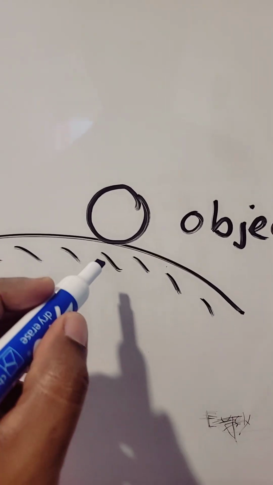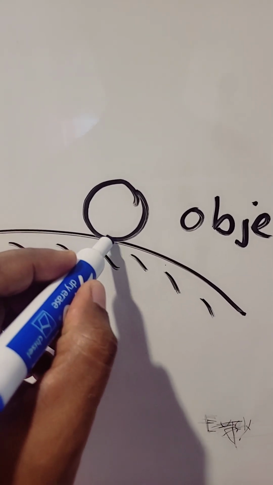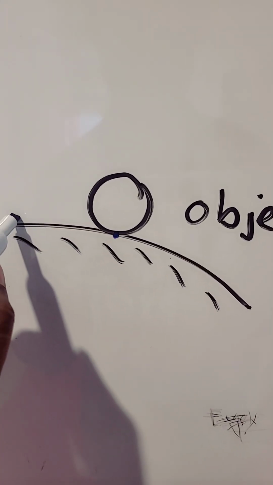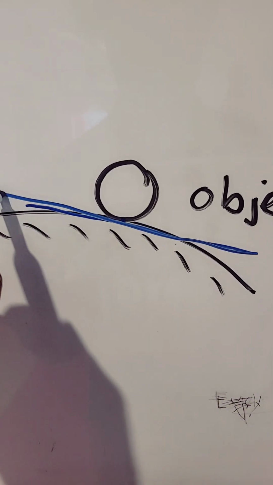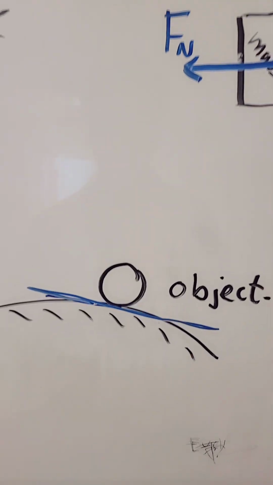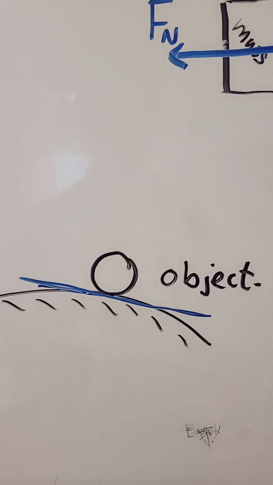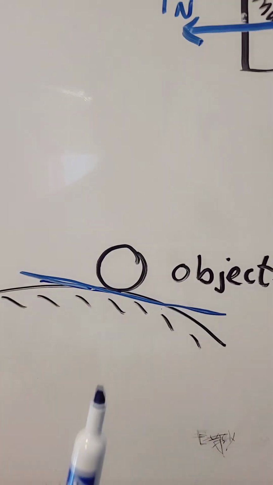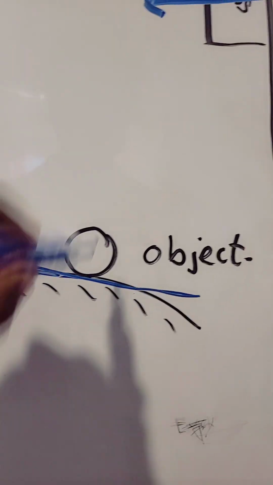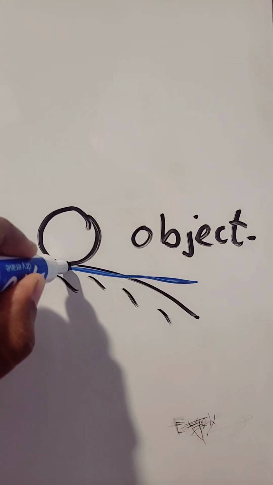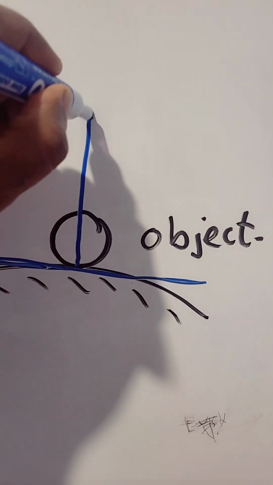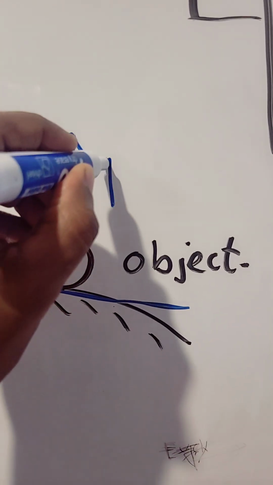So what you need to do is, at that contact point, draw a tangent line. Then the normal force is perpendicular to the tangent line. The surface is pushing on the object at that contact point, so the normal force is going to look like that.